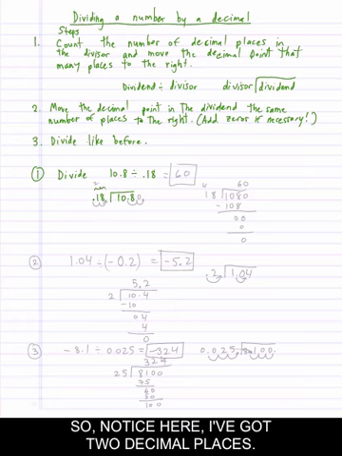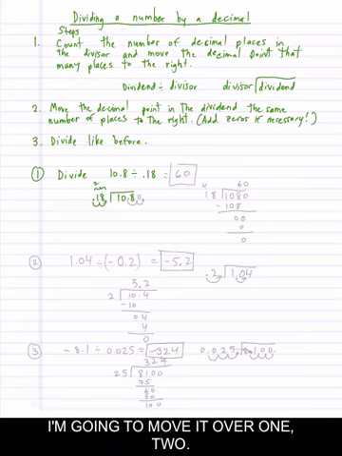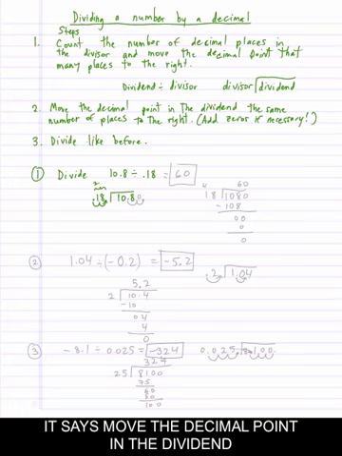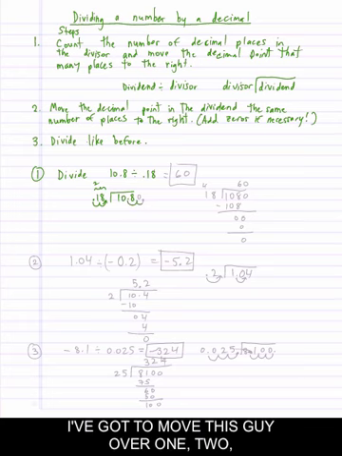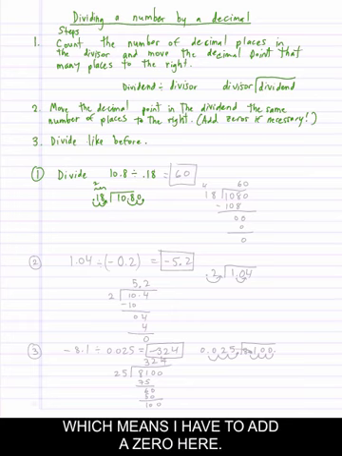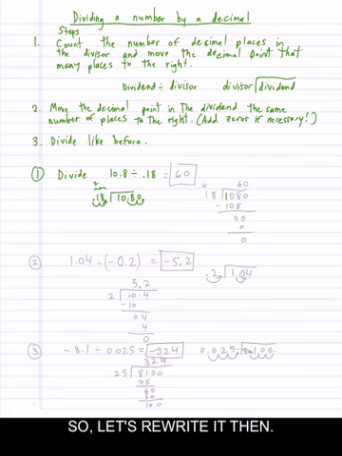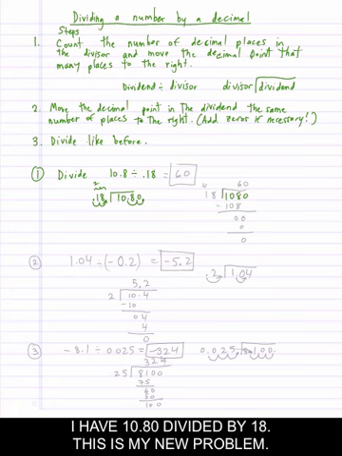So notice here I've got 2 decimal places. I'm going to move it over 1, 2. But then on the next step it says move the decimal point in the dividend the same number of places. So since that moved twice, I've got to move this guy over 1, 2. Which means I have to add a 0 here. So let's rewrite it then. I have 1080 divided by 18. This is my new problem.